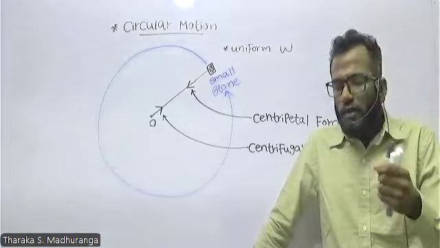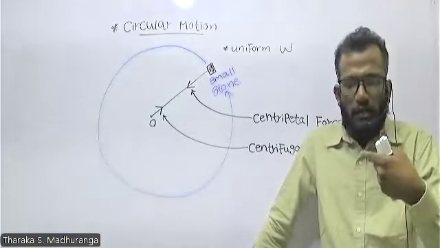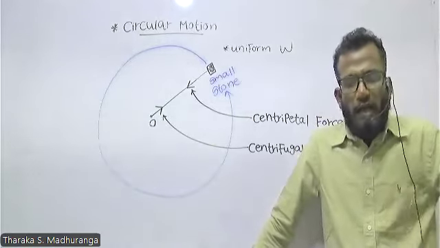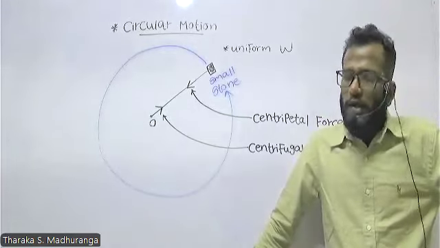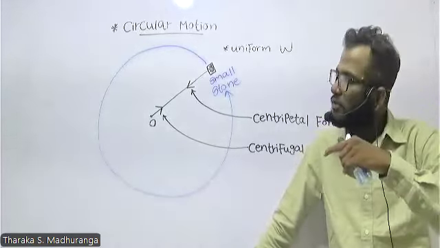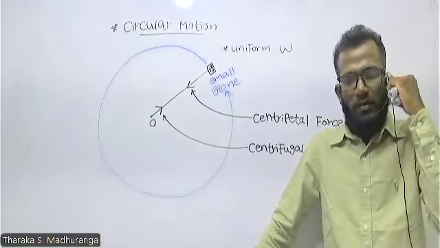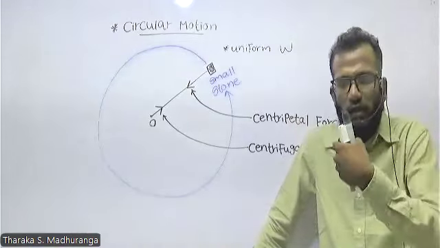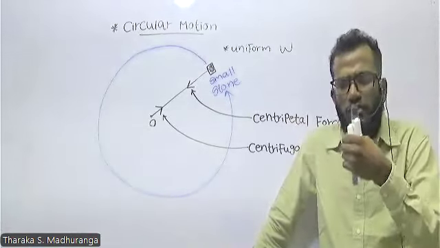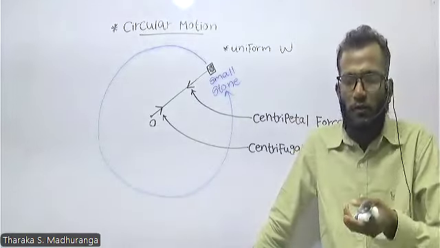If this object rotates with uniform velocity, can any unbalanced force act? No, because the object is already balanced. Therefore, don't have any unbalanced force.